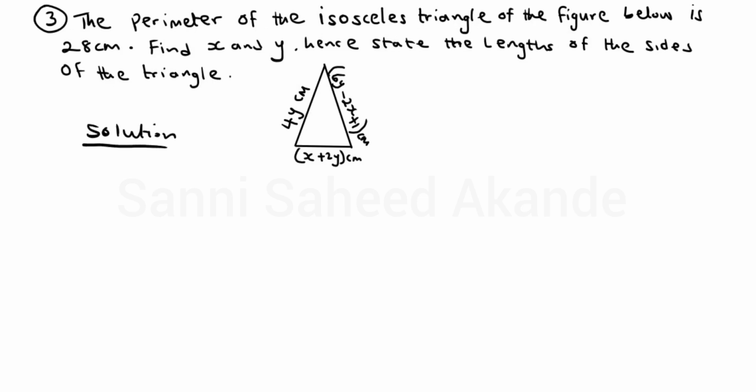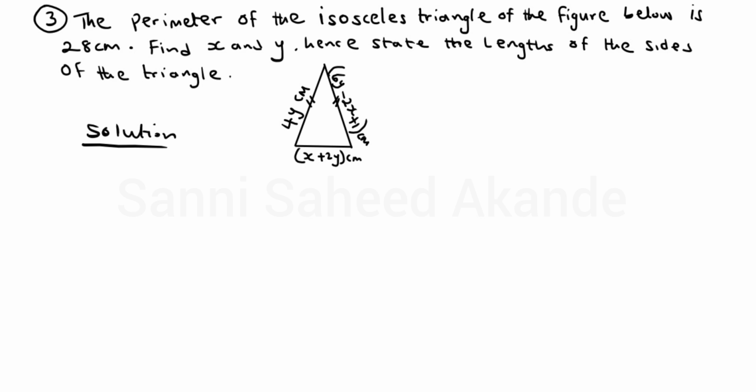Now looking at this triangle given to us, the question says it's an isosceles triangle. So meaning that this side is equal to this side. Understood? And that is good enough for us to form our first equation.